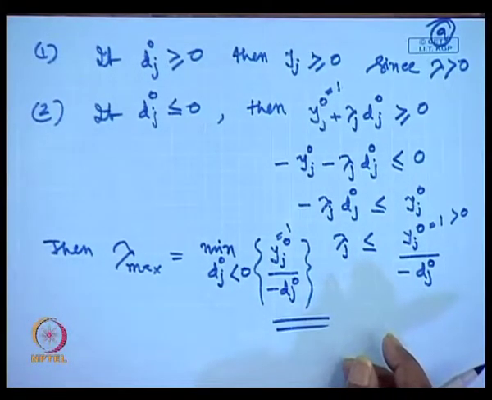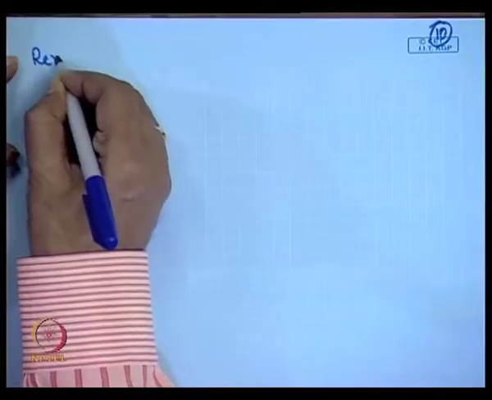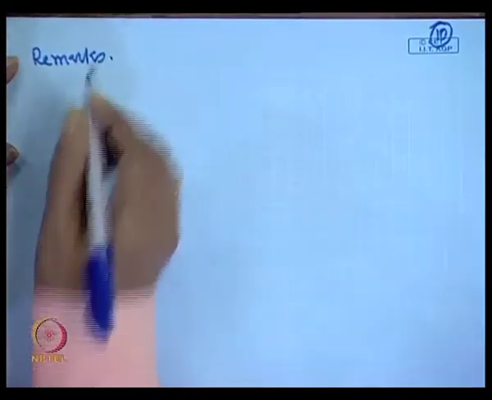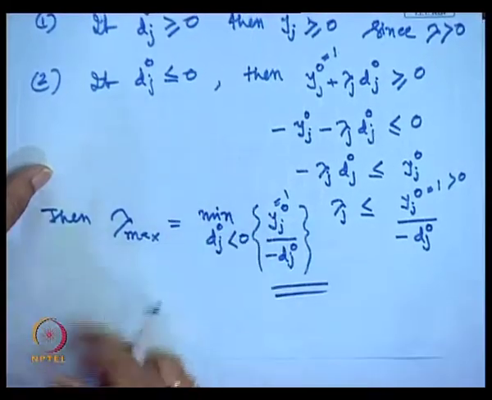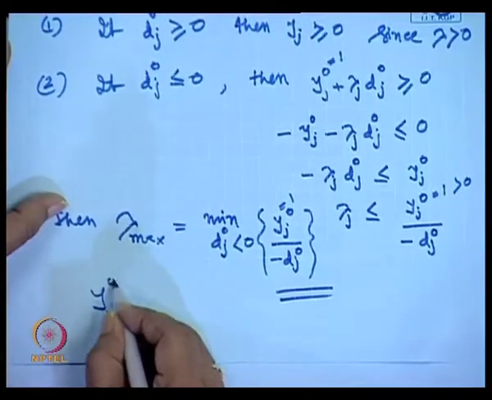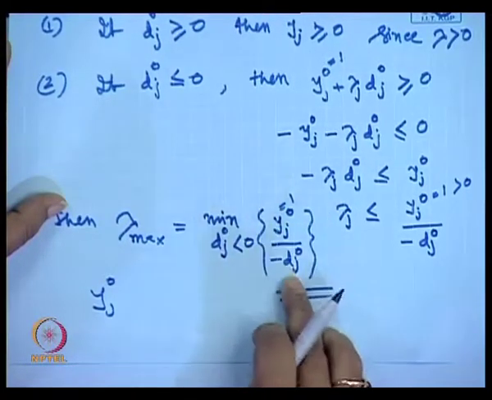So, now I am writing the remarks. Can you tell me when it will be 0? When will yj be 0? Because I am taking the minimum of this one, in which case is it the minimum?